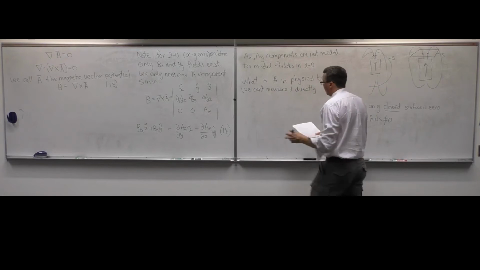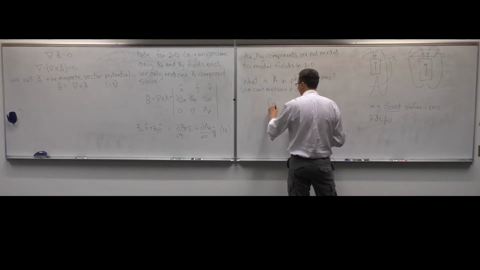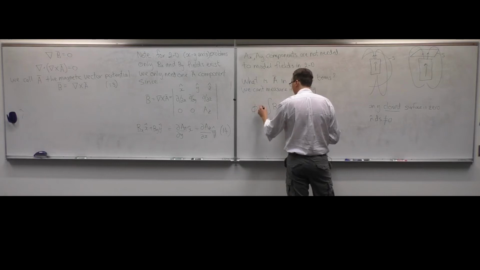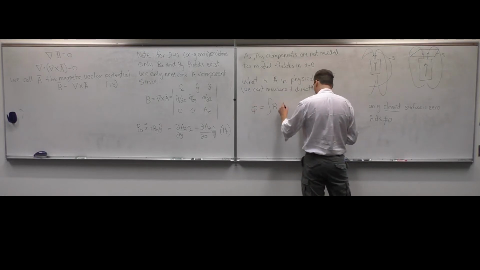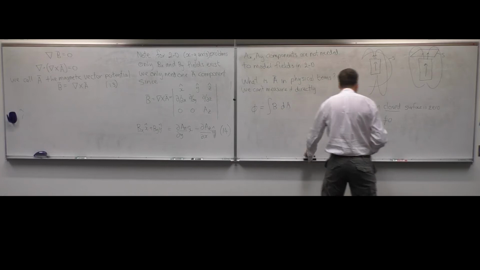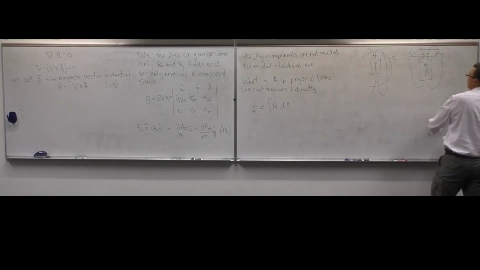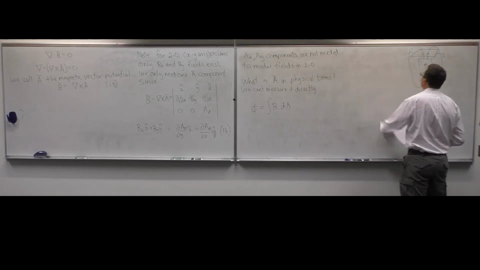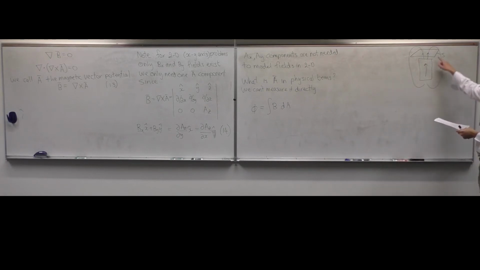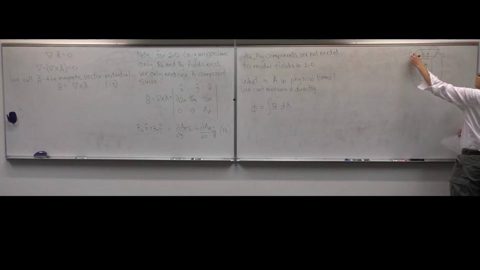Okay, so now, if you think about flux over some surface, so again, let's take this magnet example here. So we have some surface here that we want to know the flux of. Okay, and this surface here has a boundary on it. It's a rectangle, so the boundary has a path L.